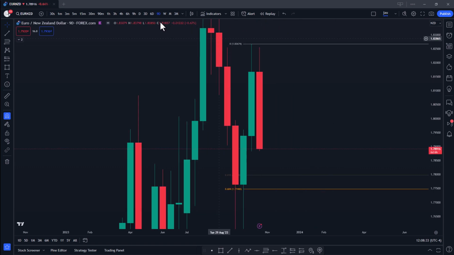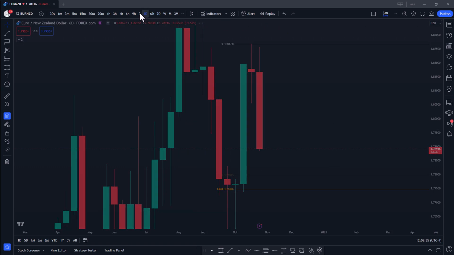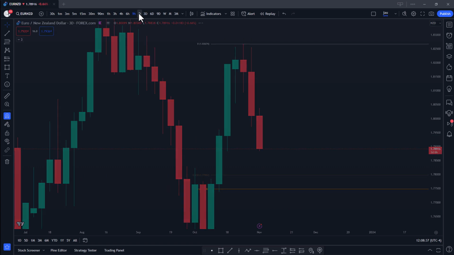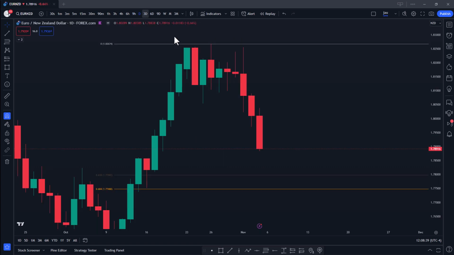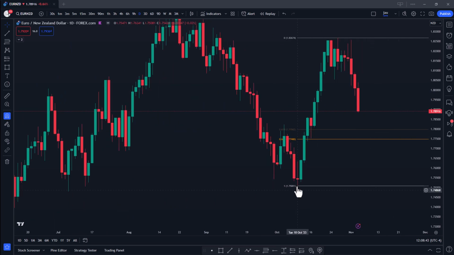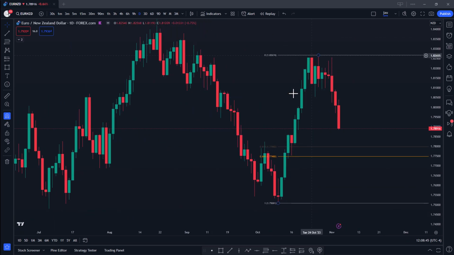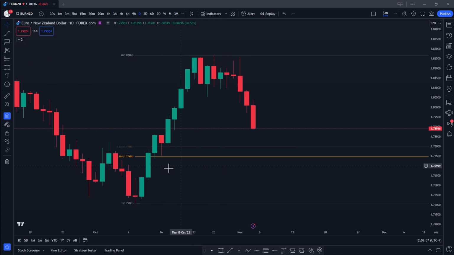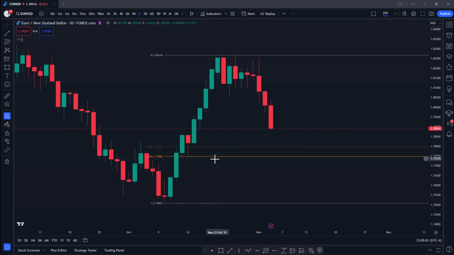But since that's the case, I decided to go on a lower time frame. In this case, I went to a daily chart, and measuring this Fibonacci from this swing low to this swing high, we can see that the OTE entry, the ICT OTE entry, the 61.8 retracement, or the golden zone, which is the 68.4 retracement, are residing here.